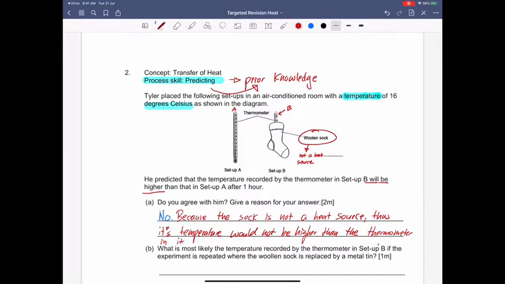So when there is not a temperature difference, then there is no heat gain or heat loss.